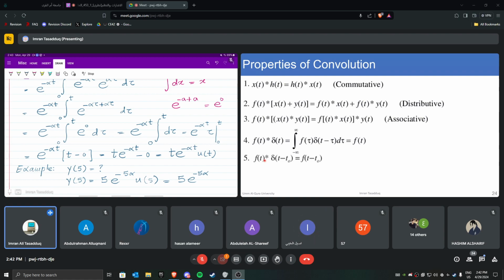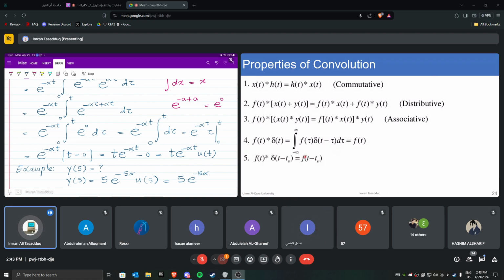Number 4. Okay, here you see tau is the variable of integration, so this minus infinity to plus infinity is for this tau. But t minus tau we consider as a tau naught, and tau naught must be inside the limit. No, there is no tau naught here.